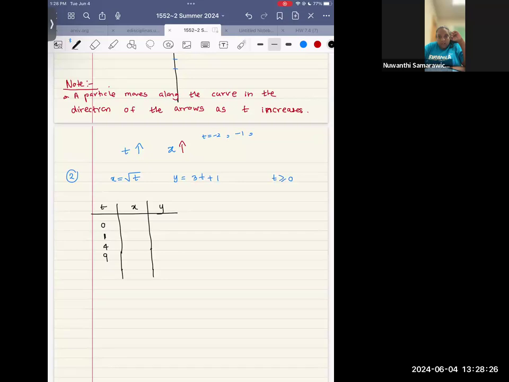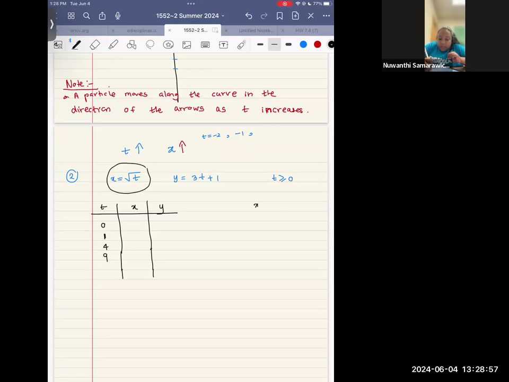You want us to draw the graph? Yes, draw the graph and also the direction. T doesn't always have to be greater than 0, but here it should be, because of this equation.